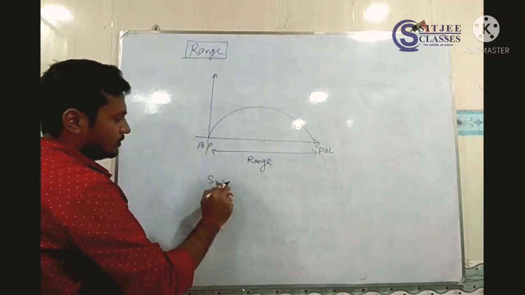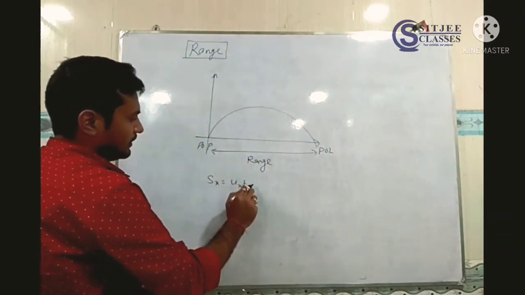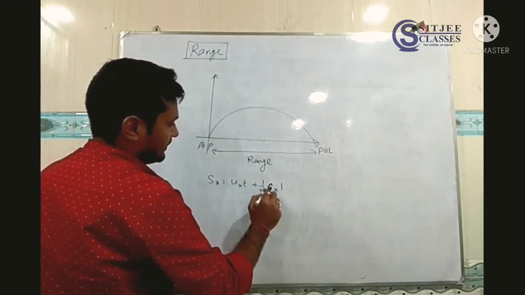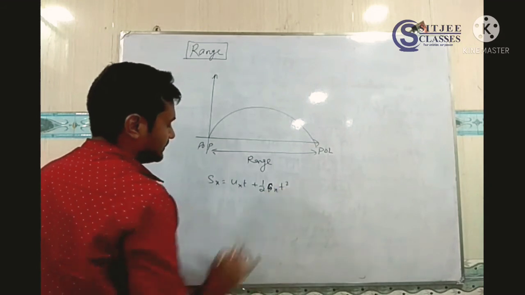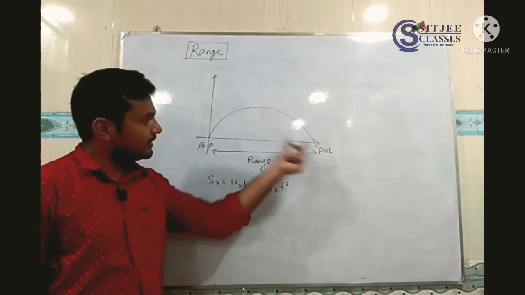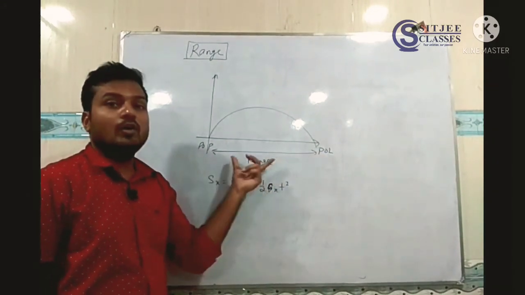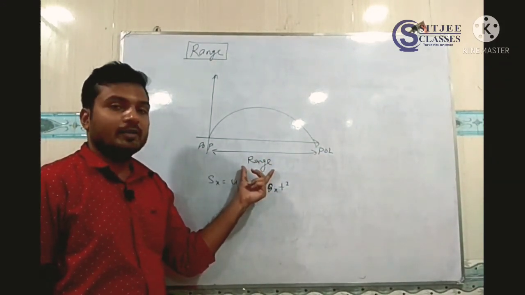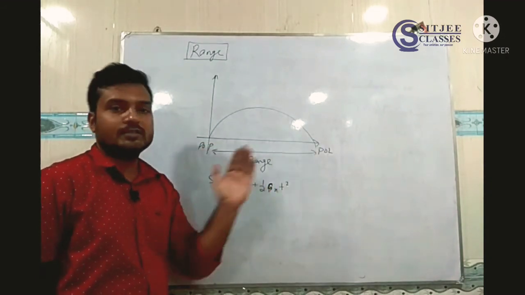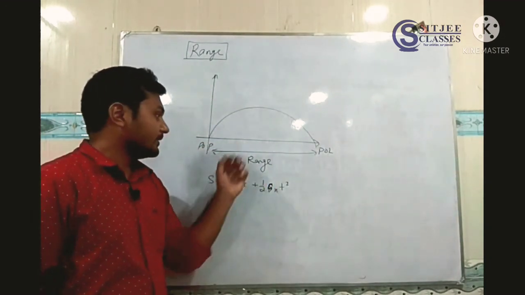So Sx equal to ux t plus half ax t square. Now see here, a particle starts from here, lands here, then only it is going to cover the horizontal distance of range. Can I say that the time spent from here to here is nothing but the time of flight only? Correct.